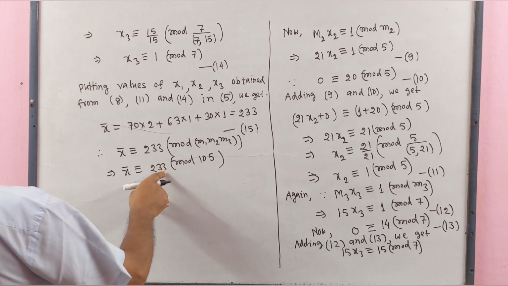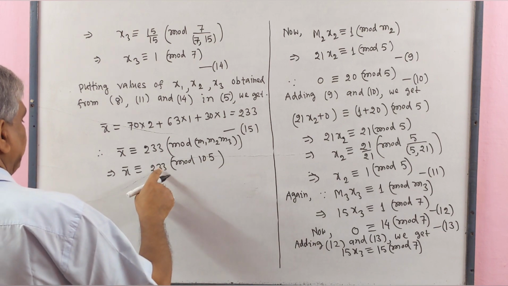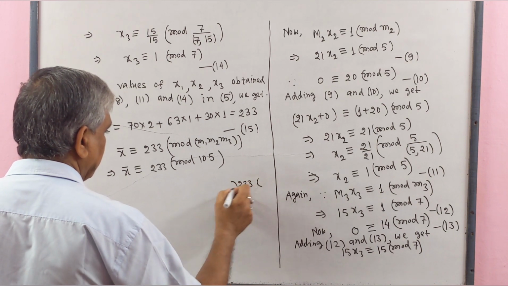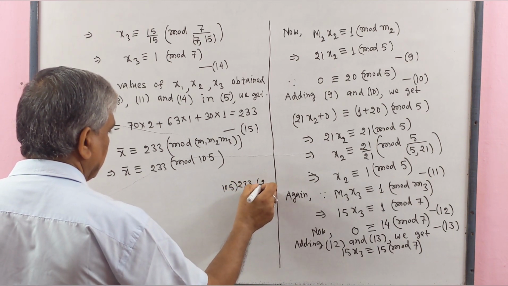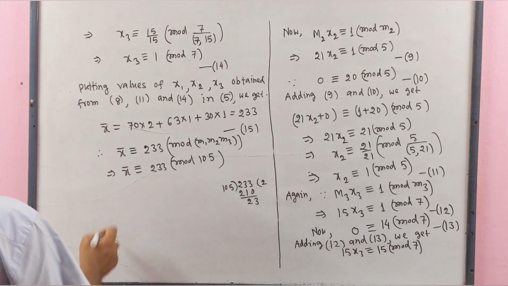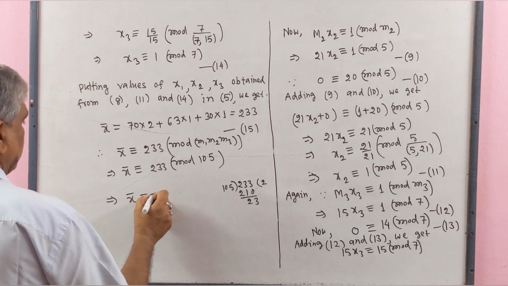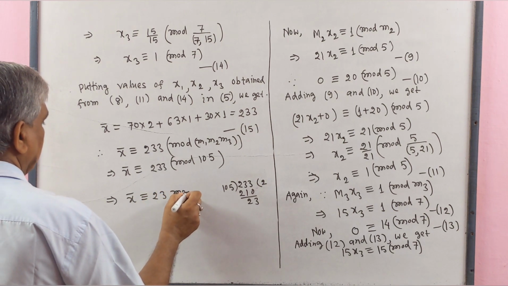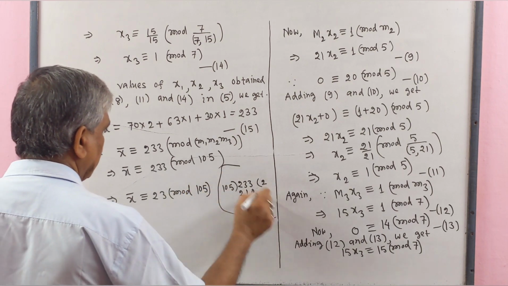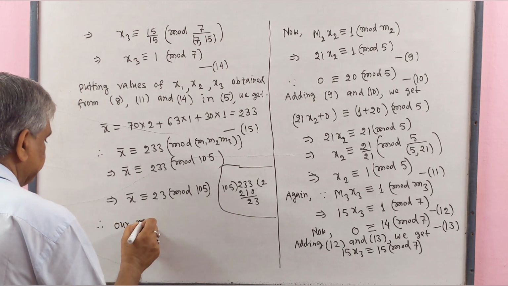Since 233 is greater than 105, if we divide 233 by 105, remainder is 23. Implies that x bar is congruent to 23 modulo 105. Therefore, our problem is solved.